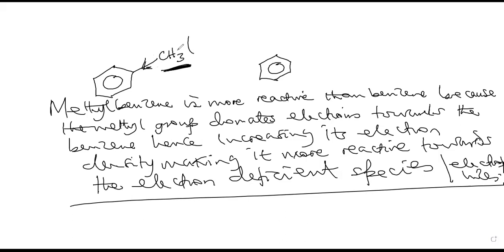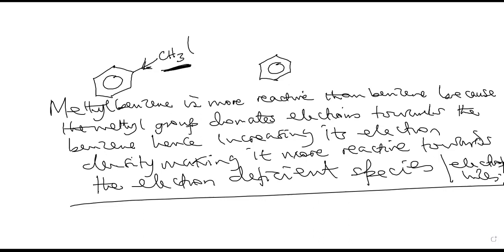Actually, those groups which donate electrons to the benzene ring, making it more electron rich, are the ones that we call activating groups. However, we have those which we call deactivating groups, because remember, I'm telling you about the orientation of the groups around the benzene ring.